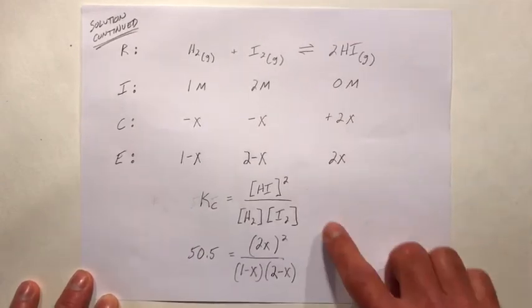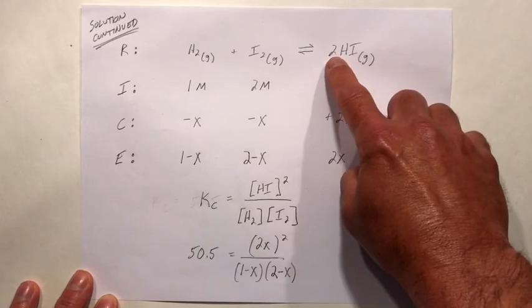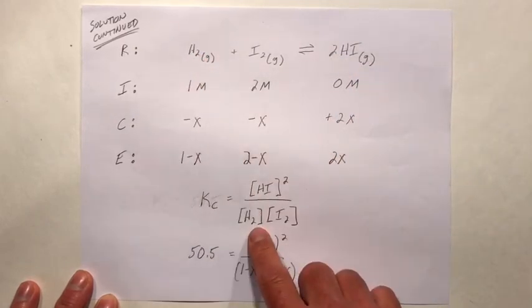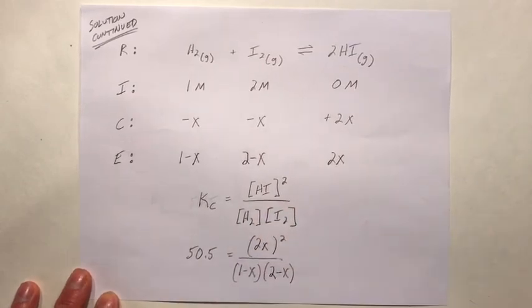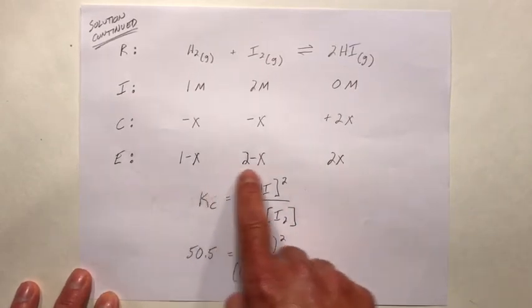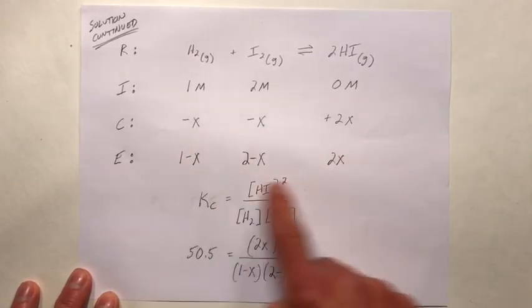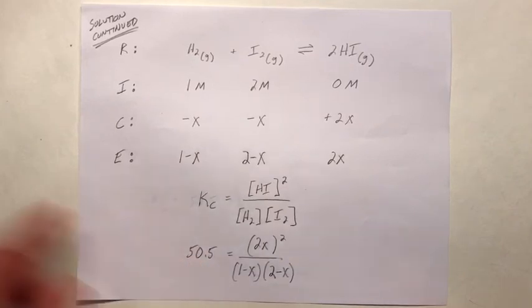So here's our expression of the equilibrium constant using concentration. So concentration of HI squared because of that 2 coefficient, and then concentration of H2 and concentration of I2 each to the first power. We don't bother putting that power of 1 in there. Let's substitute in our equilibrium values. Remember, Kc is always calculated with equilibrium values. So we know that Kc is 50.5.